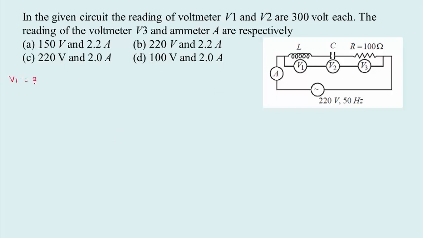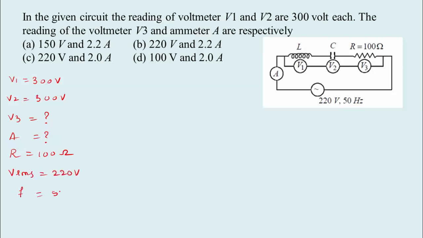We want the V3 value and also the current across the ammeter, that is the ampere value. From the diagram, we have the value of resistance, that is 100 ohm. Voltage across this LCR circuit is Vrms equal to 220 volt.